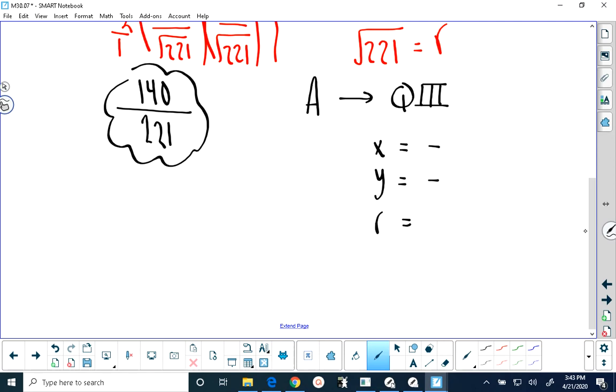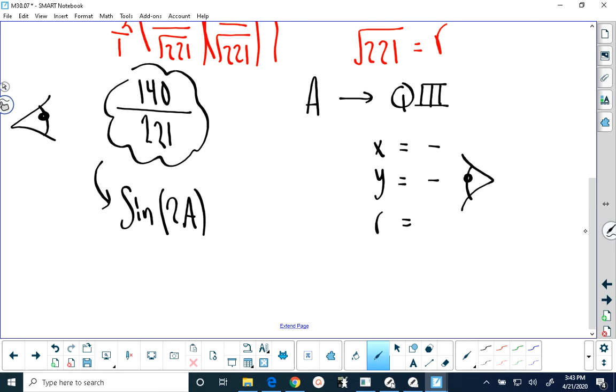And what's going to happen is some of the students are going to look at this and go, wait a minute, this is the sine, right? This is the sine of 2A. And then they're going to think about quadrant 3 and eyeball the fact that y is negative in quadrant 3. And they're going to be confused. I've even had students on an exam second guess themselves and say, well, it must be negative 140 over 221. I must have made a mistake someplace.